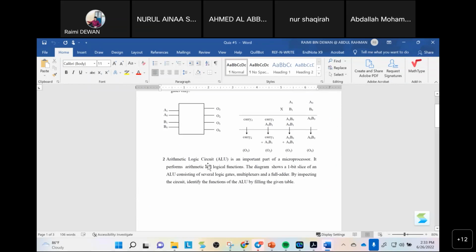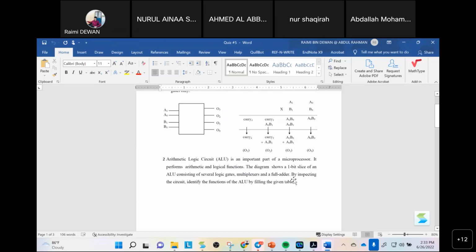So it performs arithmetic and logical functions. The diagram shows one bit slice of an ALU, an arithmetic logic circuit consisting of several logic gates, multiplexers, and full adder. So you have three main types there in the next page: logic gate, multiplexer, and full adder.